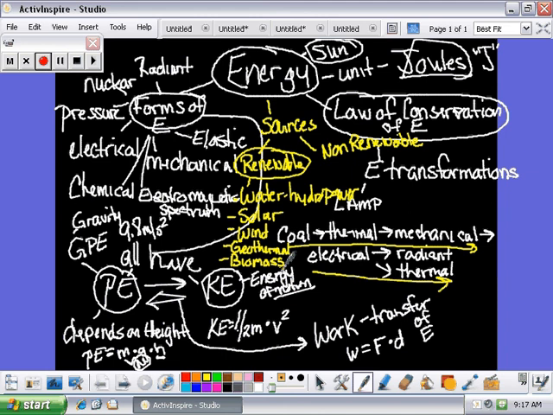Okay. What are our non-renewable sources? Coal. Petroleum. Nuclear. And we will say uranium, because that is the main source that's used in the power plants. Natural gas. And one more.